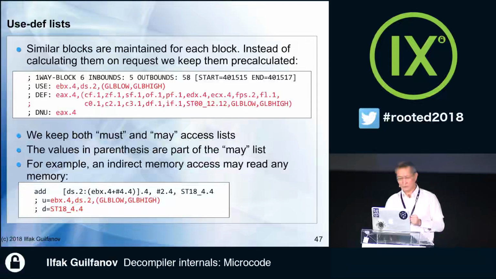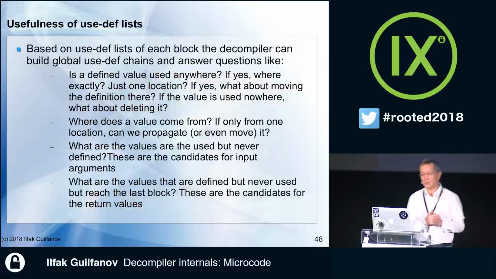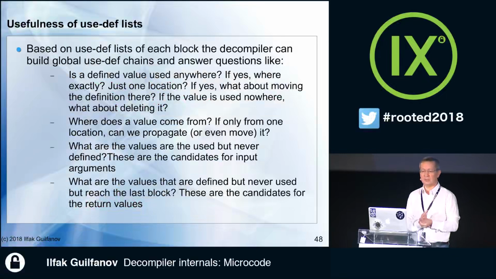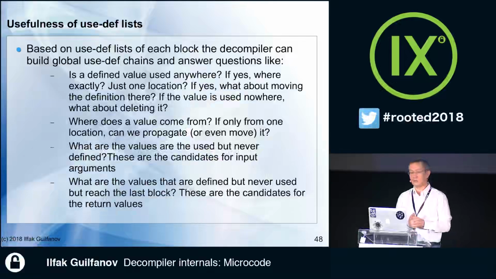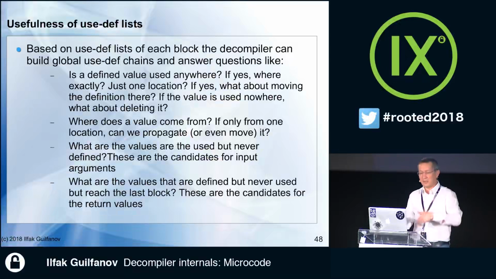I will continue with the use def lists and explain their usefulness for the decompiler, and not only for the decompiler, but also for you, if you decide to use our microcode for data flow analysis tasks.